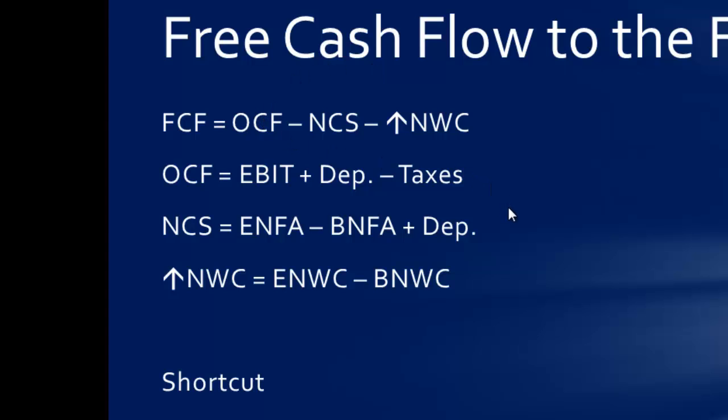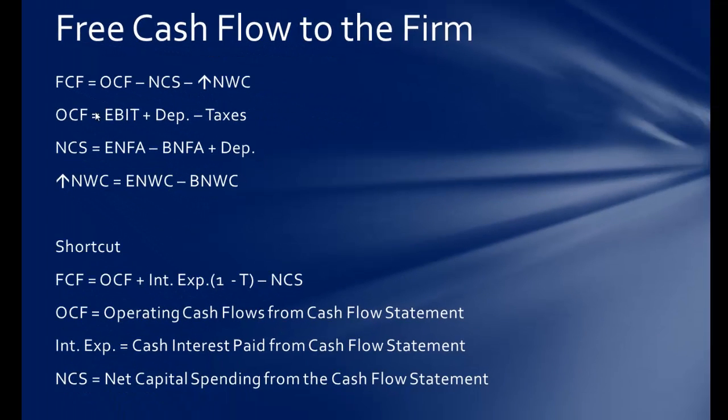However, there's one problem with that. Please notice in the traditional definition of free cash flows to the firm, we want to start with earnings before interest and taxes, add back depreciation because that's a non-cash expense, and subtract out taxes. So another way to think about operating cash flows is earnings before interest and depreciation.